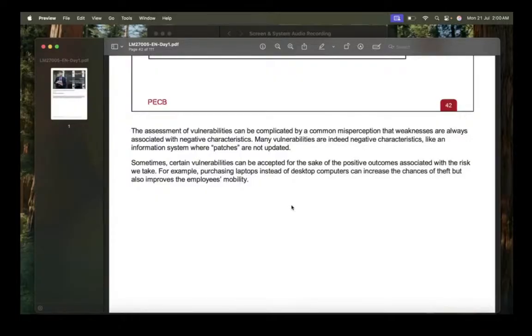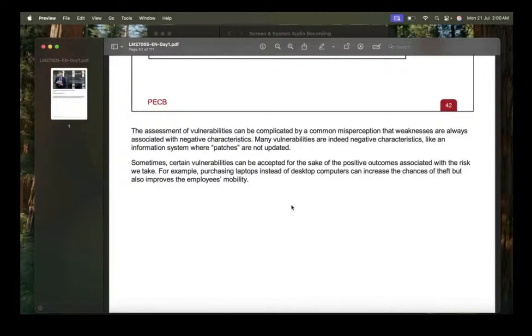But vulnerabilities are not always negative. Though many vulnerabilities are negative characteristics, like an information system where patches are not updated, there are situations where vulnerabilities, if you see the second para, it has given an example also.